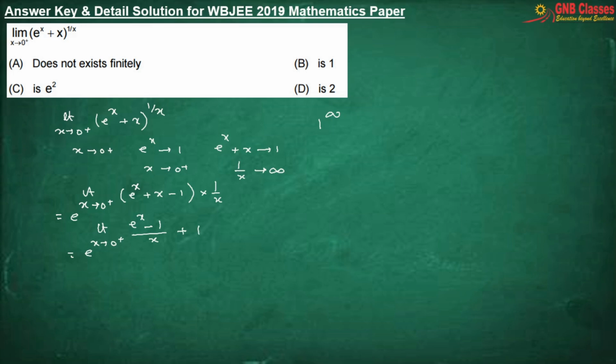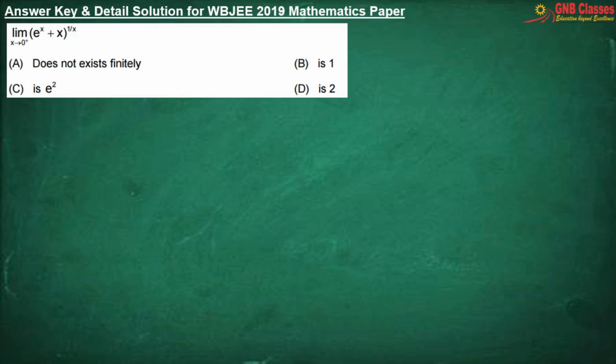So we are having e to the power 1 plus 1, so that gives you e square. Therefore, option C is correct. This problem is an easy one. Okay, let us move to the next problem.